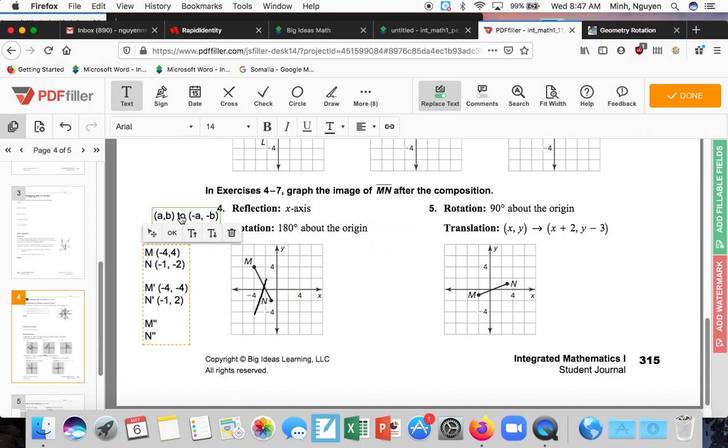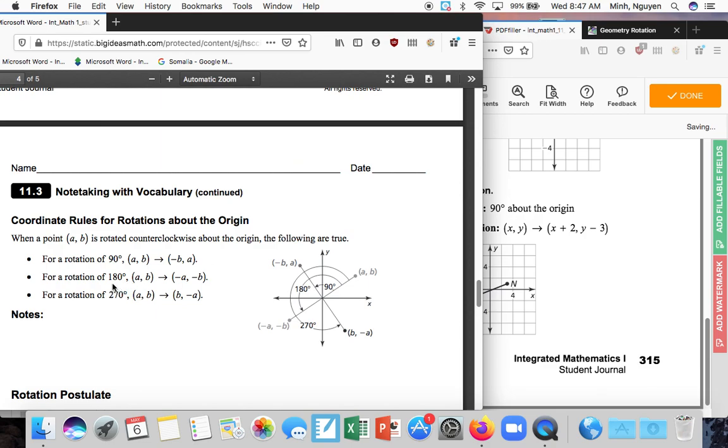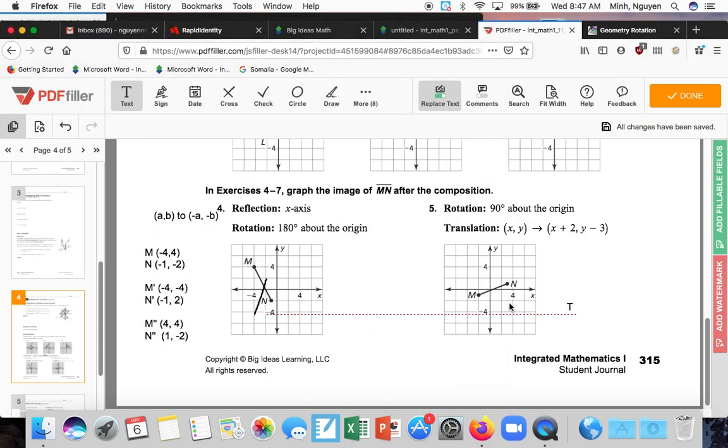So if A, B is negative 4, 4, then negative A, negative B will be positive 4, positive 4. And then I will take N, which is currently at negative 1, 2. Negative 1 turns into positive 1, and then positive 2 turns into negative 2 for a rotation 180 degrees about the origin. Again, I'm just following this rule right here.